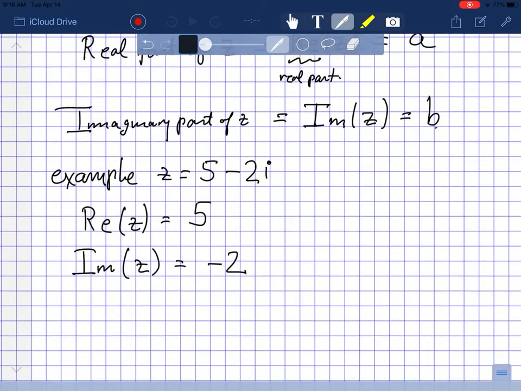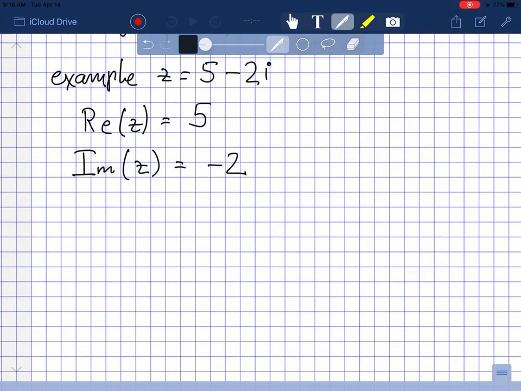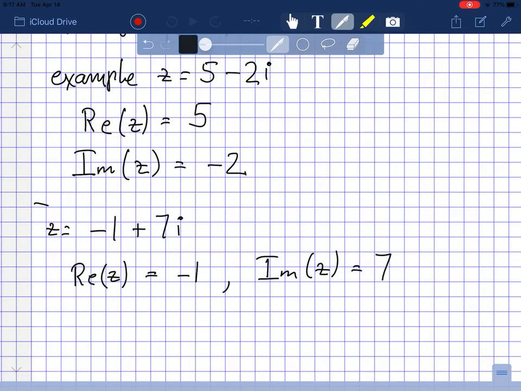Okay, let's try another one. I have minus 1 plus 7i. So this is my complex number z. And I'm looking at the real part of z. This is equal to minus 1. And the imaginary part of z is equal to not 7i, just 7.